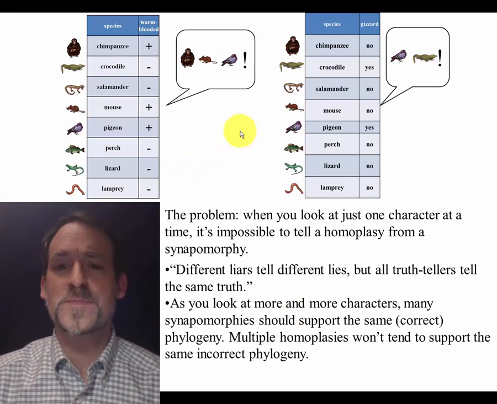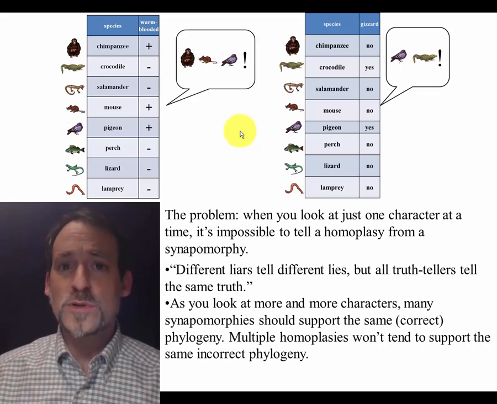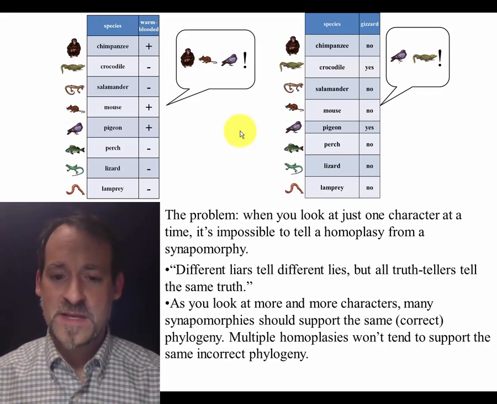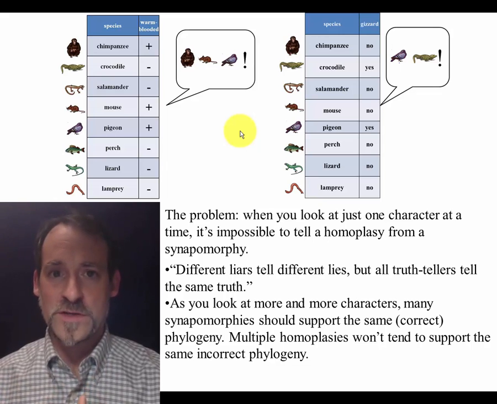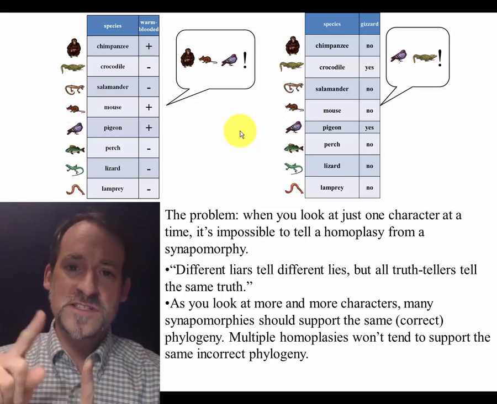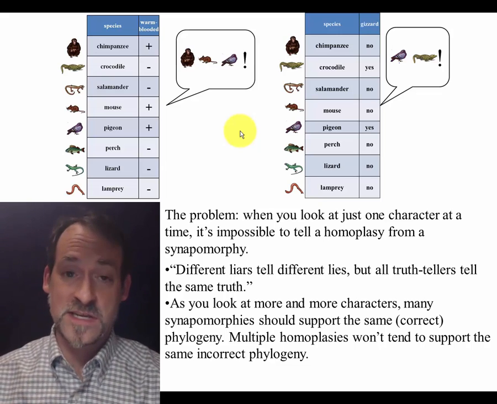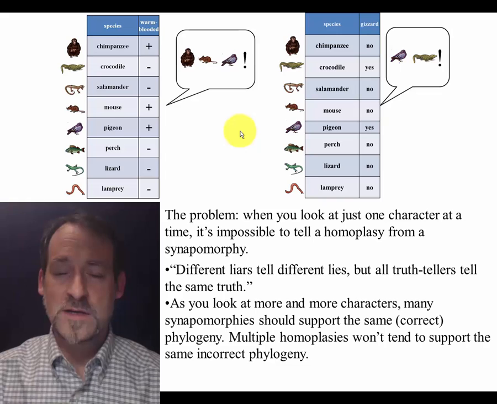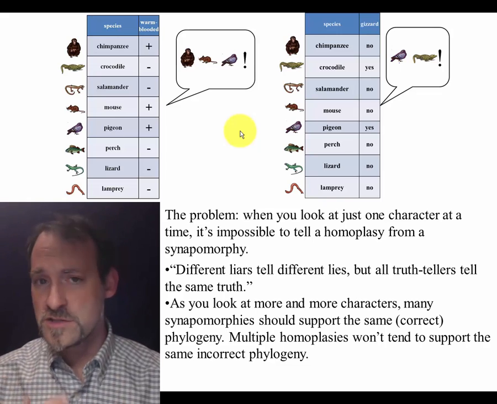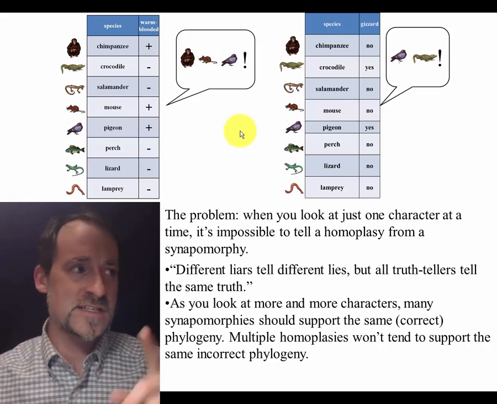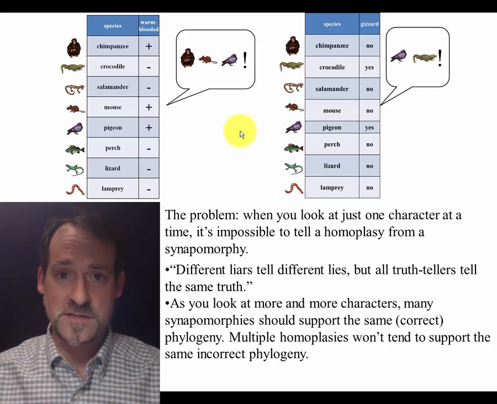In other words, if you keep looking at more and more characters, what will happen is that all the synapomorphies will keep pointing toward the same correct evolutionary history. They'll keep supporting the same true phylogeny. The homoplasies will also start piling up, but each homoplasy that comes along will be pointing at a different wrong hypothesis.